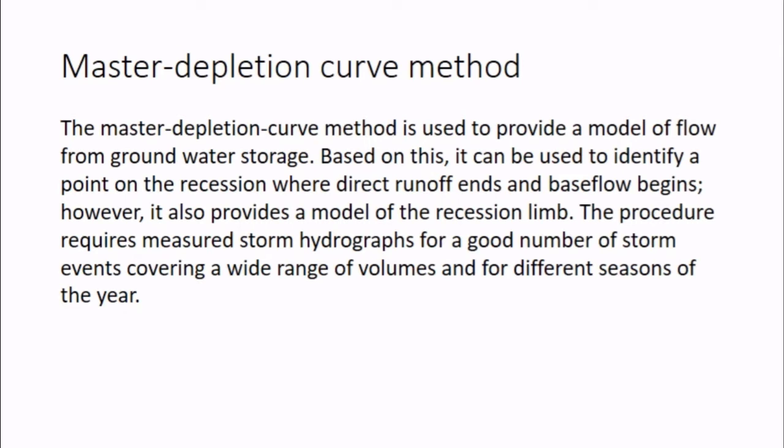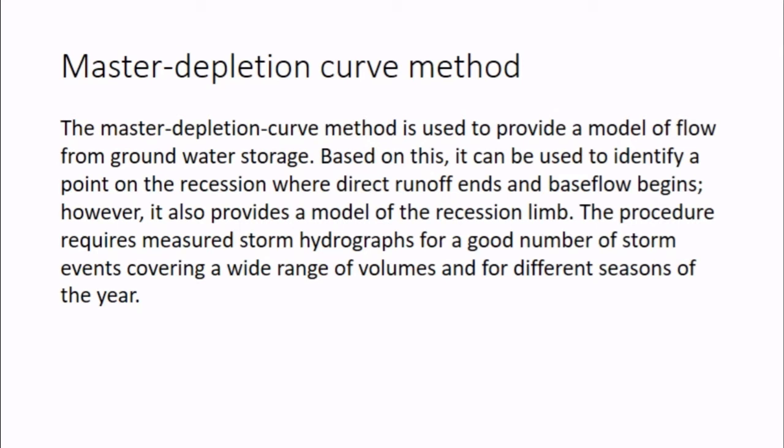Okay. So Master-depletion curve naman, ito ay ginagamit sa mga projection. So model din ito. The Master-depletion curve method is used to provide a model of flow from groundwater storage. Based on this, it can be used to identify a point on the recession where direct runoff ends and base flow begins.